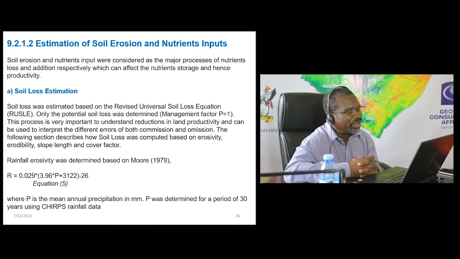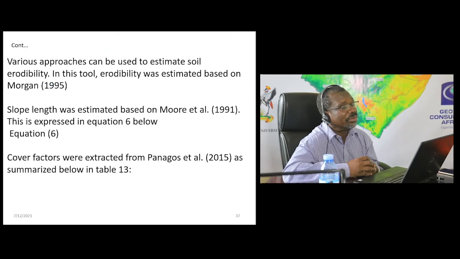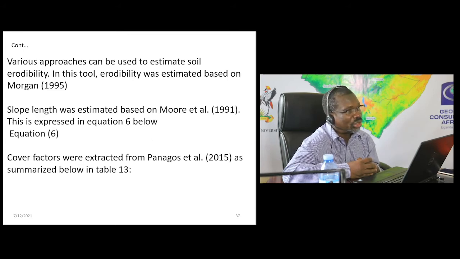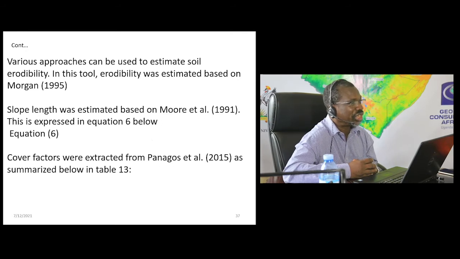And that's the equation developed for erosivity under the revised universal soil loss equation. So for erodibility, to estimate it, we basically used values proposed by Morgan in his publication in 1995 based on texture and organic matter.